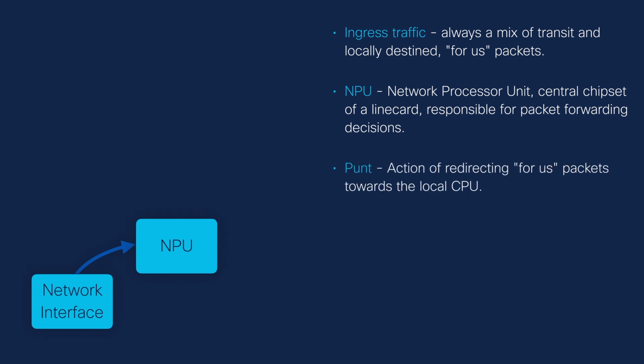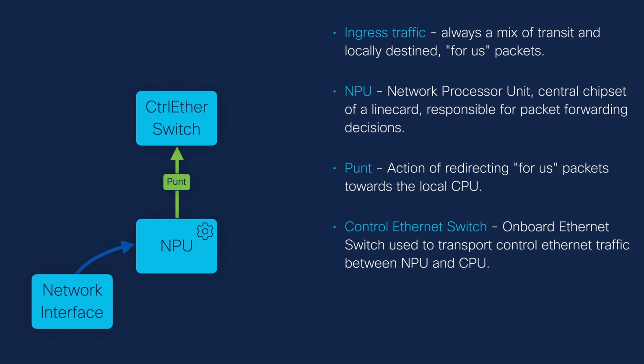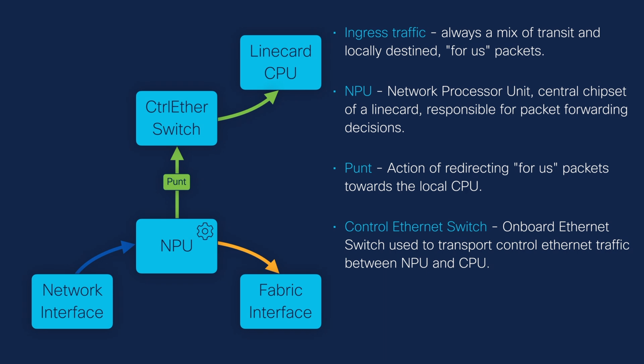To reach the line card CPU, punted packets will follow a green pathway via a control Ethernet switch, acting as a bridge between CPU and NPU. The transit traffic will use the orange path towards the fabric.